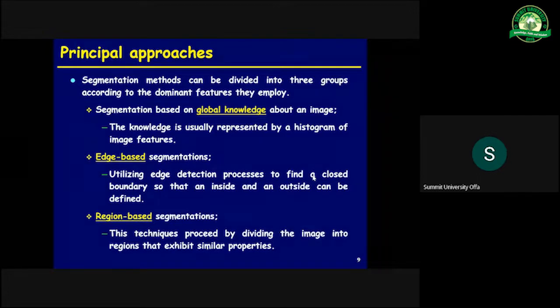We also have edge-based segmentation, that is, utilizing the edge detection process to find a closed boundary so that inside and outside can be defined. That's another method. And then we have what is called region-based segmentation. These techniques proceed by dividing the image into regions that exhibit similar properties.